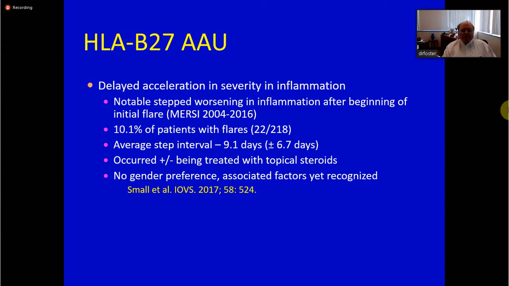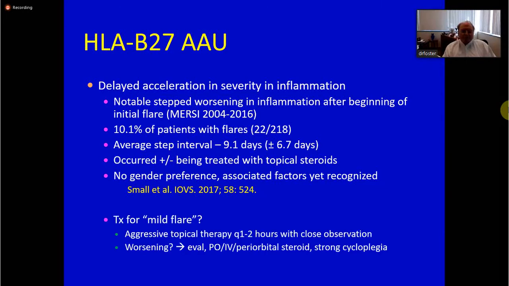There can be a delayed acceleration in the severity of inflammation in patients with B27 associated uveitis, and I've personally seen that. Not so bad the first, second, or third, or fourth time that they get an episode, but as they get further into their history, it can become worse and worse, and the price you have to pay with aggressiveness of therapy will get worse and worse too.